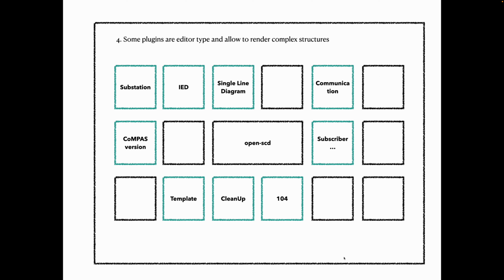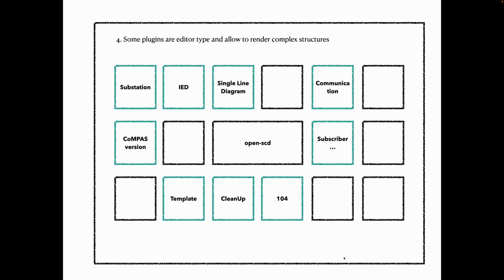Examples are an IED plugin that allows you to browse through the data model, or the communication plugin that allows you to see how access points are connected to subnetworks, or subscriber plugins that allow you to see the relationship between GOOSE data and their subscribers.